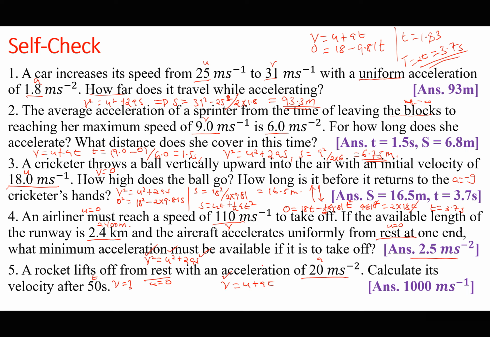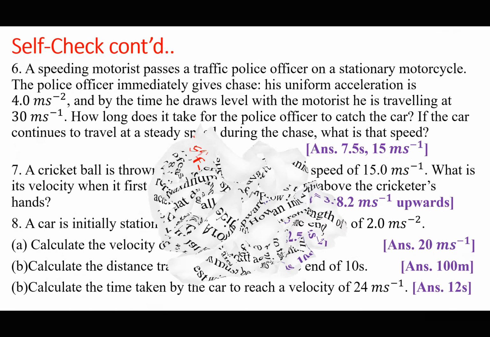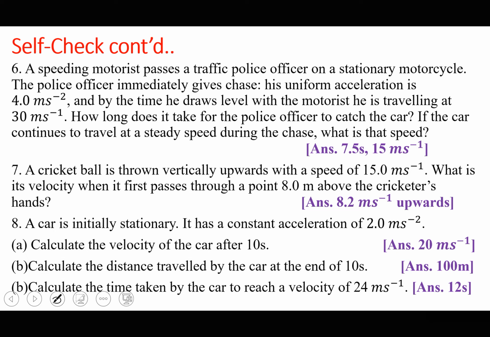Initial velocity is 0. Acceleration is 20. The time is 50. So you only want to find v. That is just going to be 20 times 50, which is 1,000. Okay. I always don't solve these questions. I leave them for my students to solve.